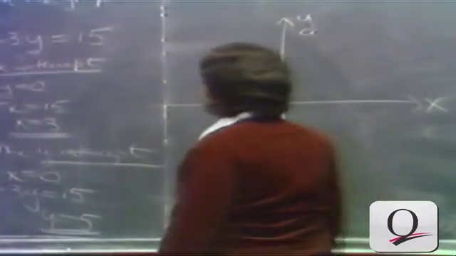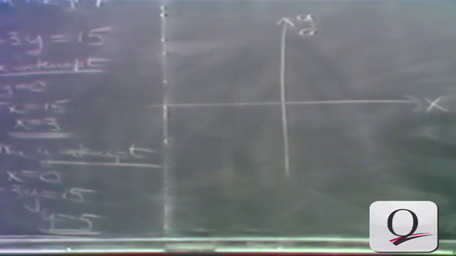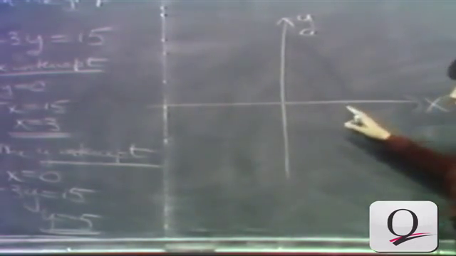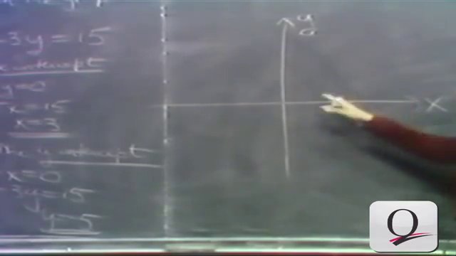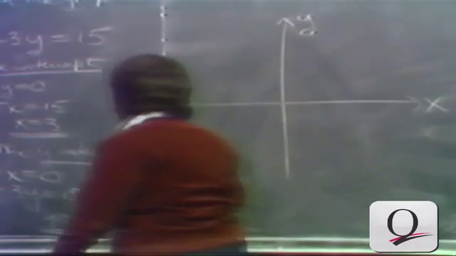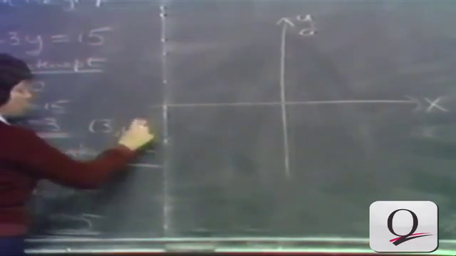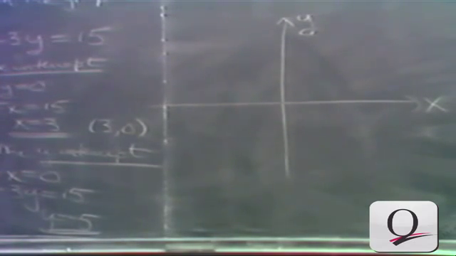What does it mean by saying the x-intercept is 3? The line crosses the x-axis at the point where x equals 3. But if the point is on the x-axis, it has a y-coordinate as well. The y-coordinate would be 0 if it's on the x-axis. So if the x-intercept is 3, it must be going through the point 3, 0.